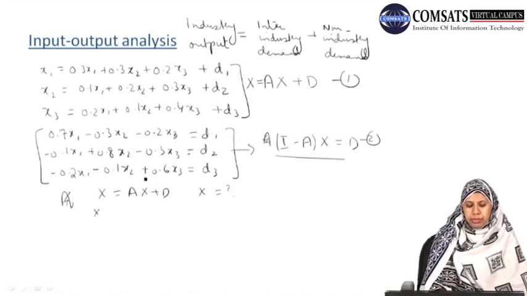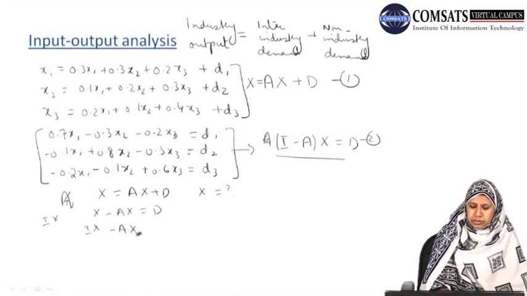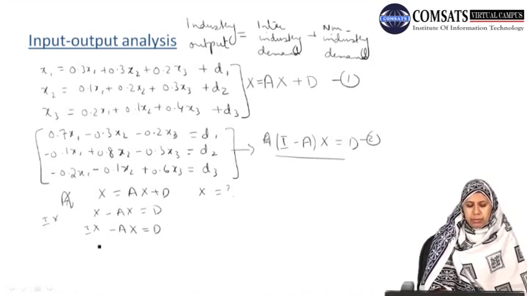Then by simplifying we obtain X minus AX is equal to D, and X can be written as identity times X, so identity times X minus AX is equal to D. Taking the matrix X common, we obtain identity minus A times X is equal to D.